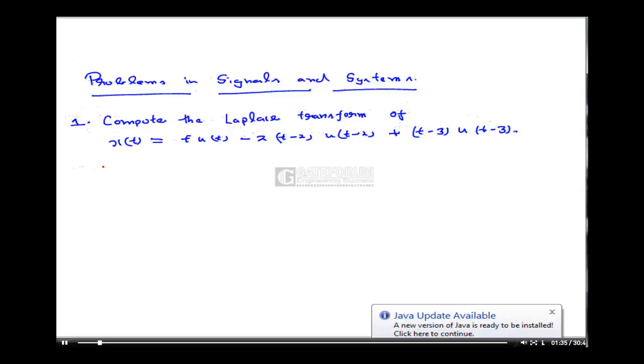You have to find the Laplace transform of this. So we know that for t u(t), the Laplace transform is 1 over s square.